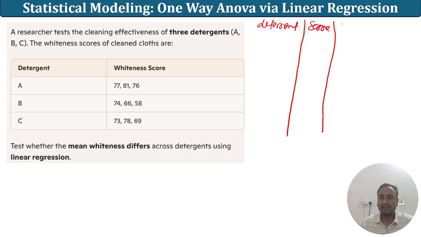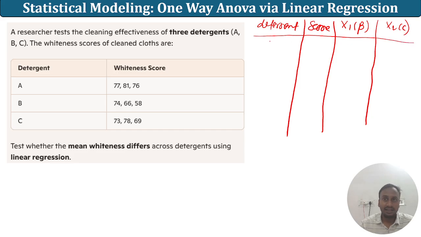Now we'll decide X1 for B and X2 for C. First one is A. What is the score? 77. But it's the baseline, so it will become 0. A, what is the value? 81, 0, 0.